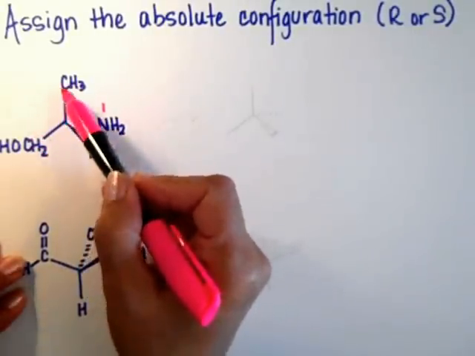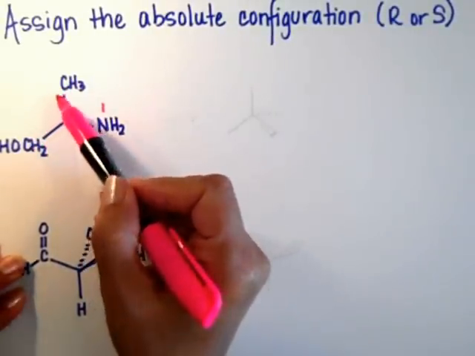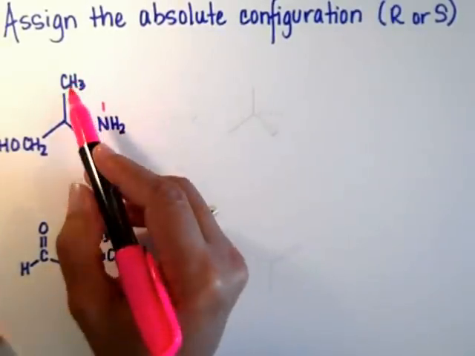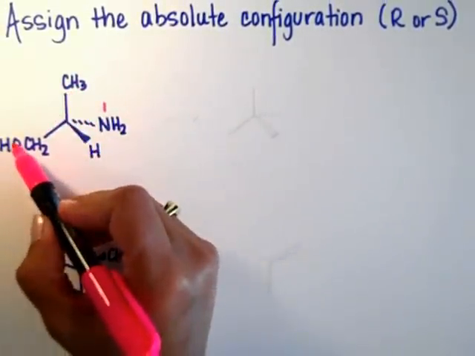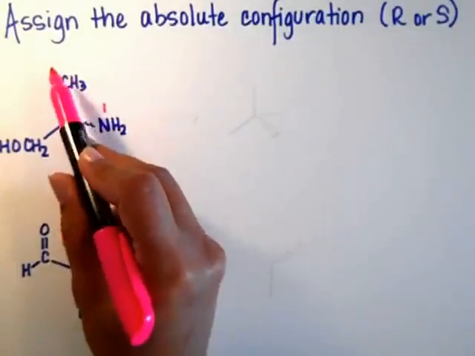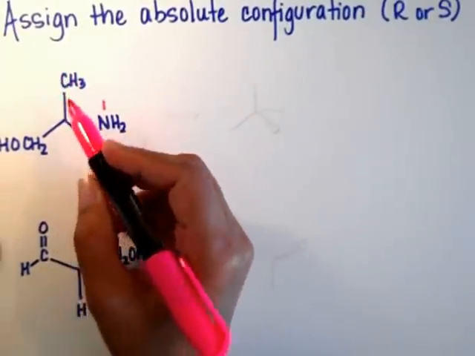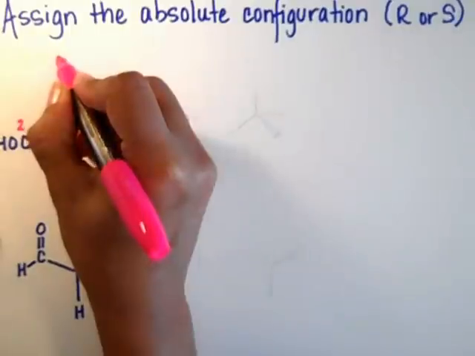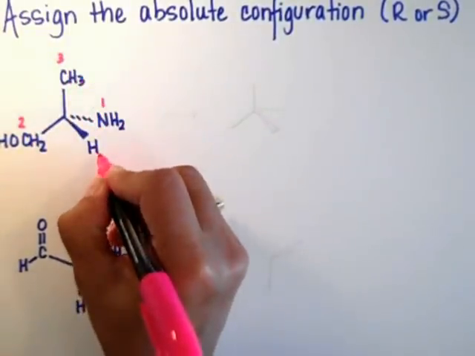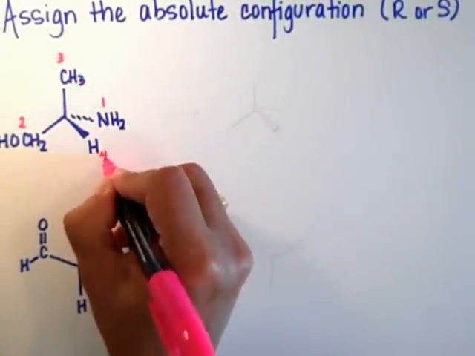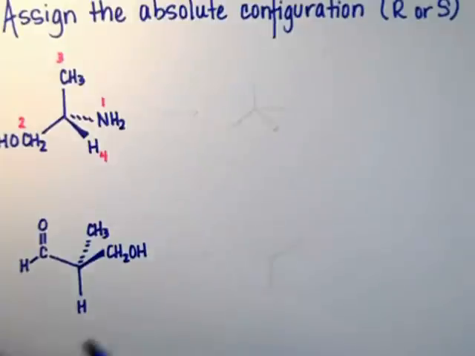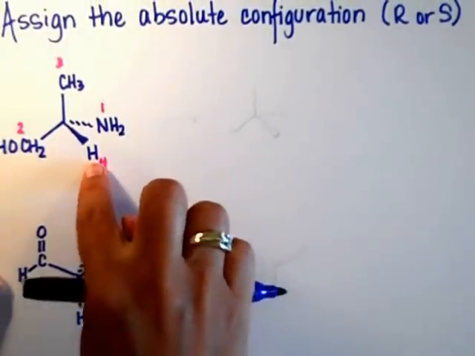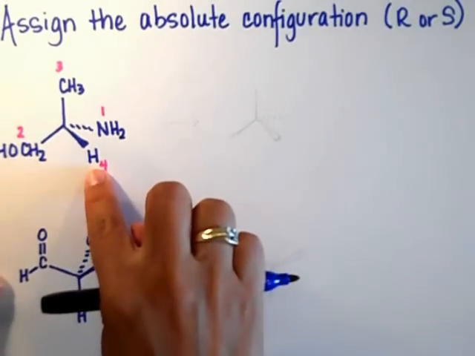I have 2 carbons that have the same atomic number, so I move on to the next atom attached to them. This one has an oxygen. This one doesn't have any more atoms attached to it. So the carbon that has the oxygen gets number 2, the methyl gets number 3, and the hydrogen gets number 4.